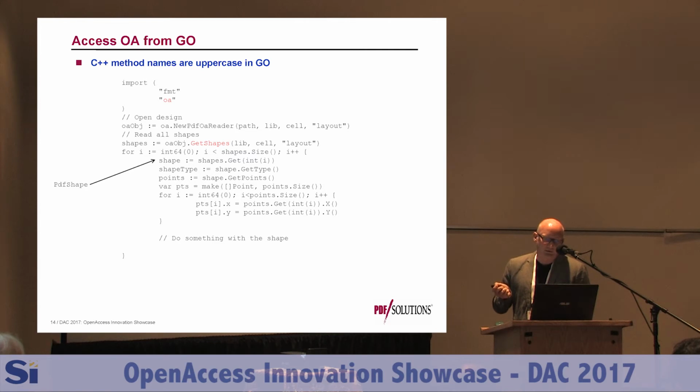And then I simply call this getShape function to get all the shapes, and I can iterate through them. I can access data like the points and so forth. So really simple in this sense.